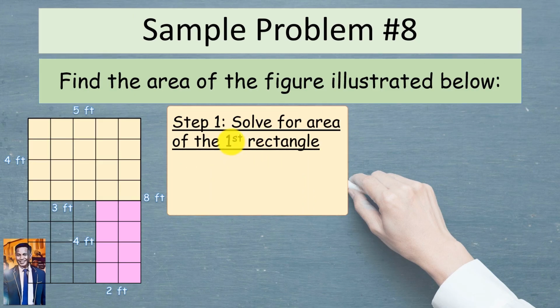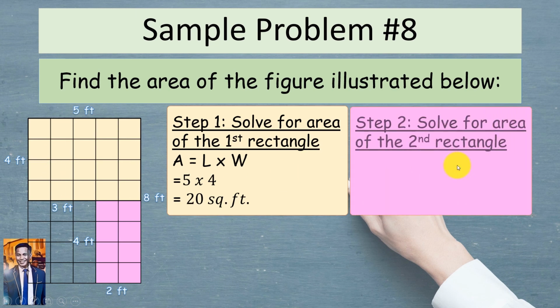Now, we can compute for our surface area. Okay, now, solve for the area of the first rectangle. Ito na. And we have here, length times width, dahil rectangle siya, 5 times 4, which is equal to 20 square feet. Okay, 20 square feet ito. What about the other rectangle?